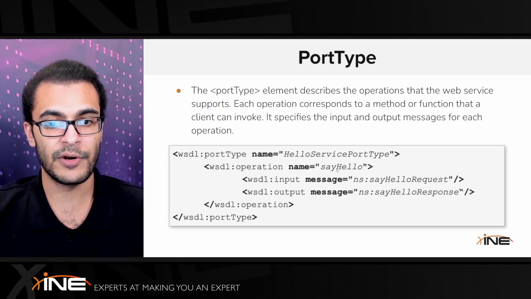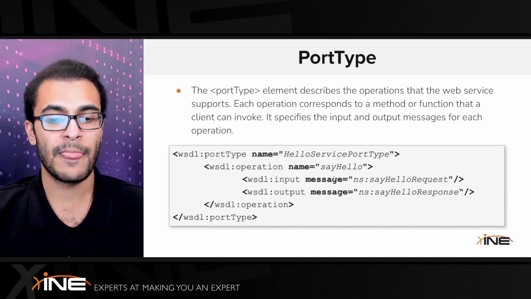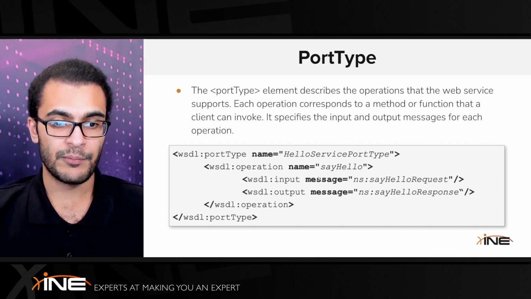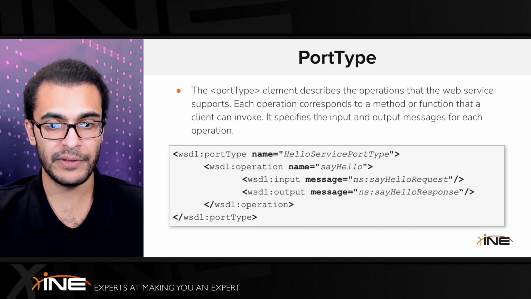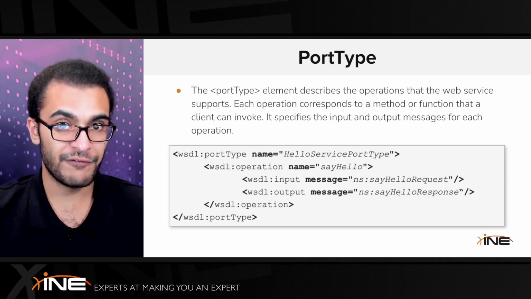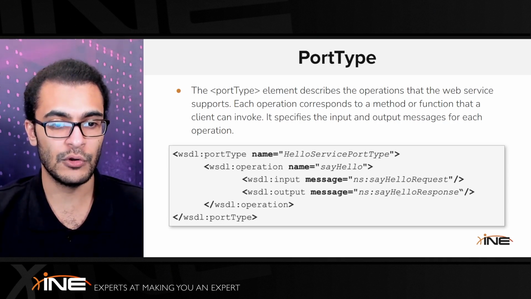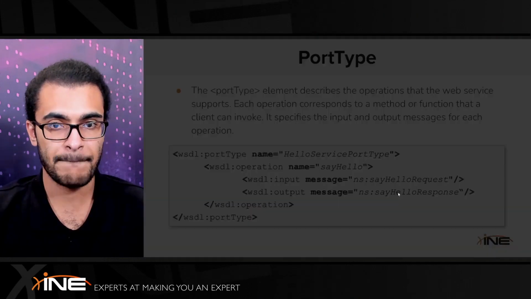The name of the operation is sayHello. The input parameter for this particular operation is right over here: wsdl:input message is equal to sayHelloRequest, and for the output, message equals sayHelloResponse. So just defining that, and then of course you close the elements or the tags here.